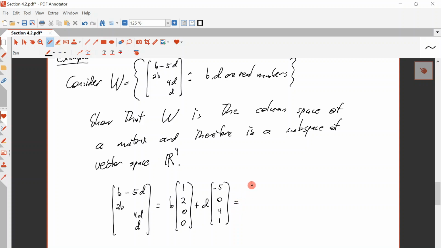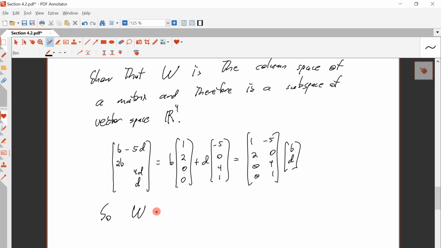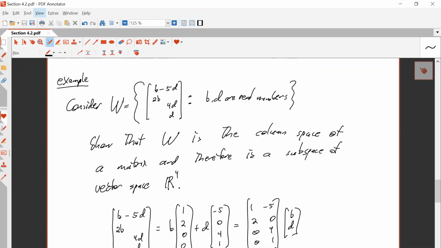So this is equal to the matrix with columns 1, 2, 0, 0 and minus 5, 0, 4, 1, times the vector b, d. So W is the column space of this matrix. Similar example.